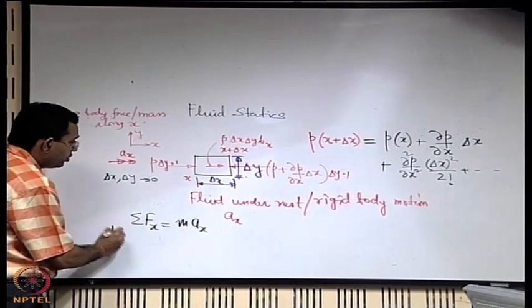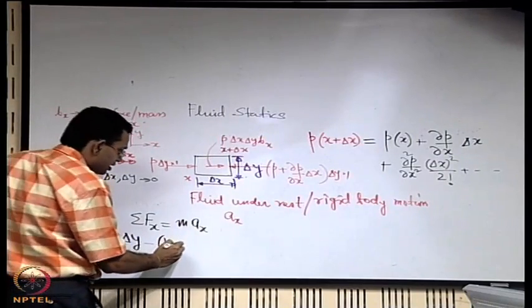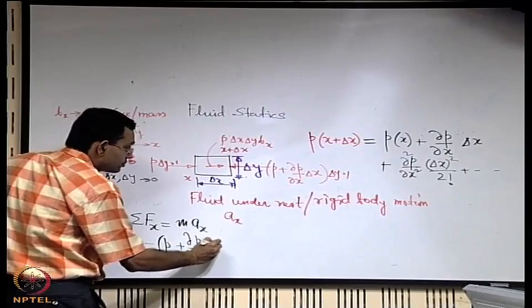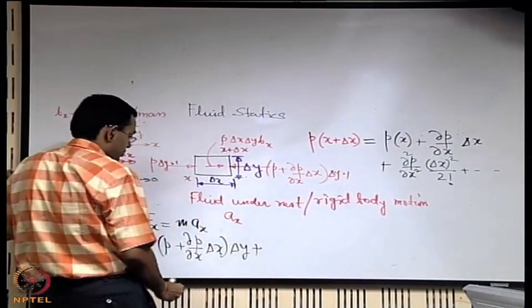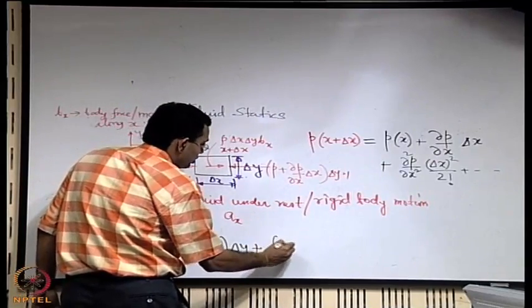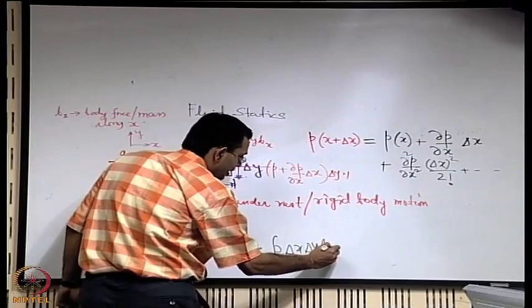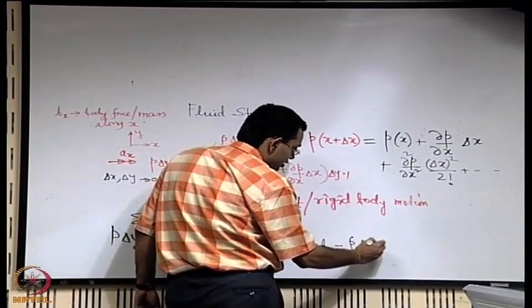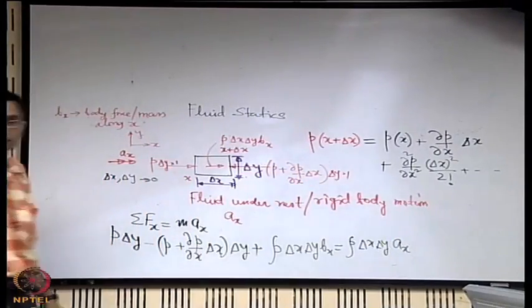So it is p into delta y minus the other term which is there on the opposite face plus rho into delta x into delta y into Bx is equal to rho into delta x into delta y, that is the mass, times the acceleration along x.